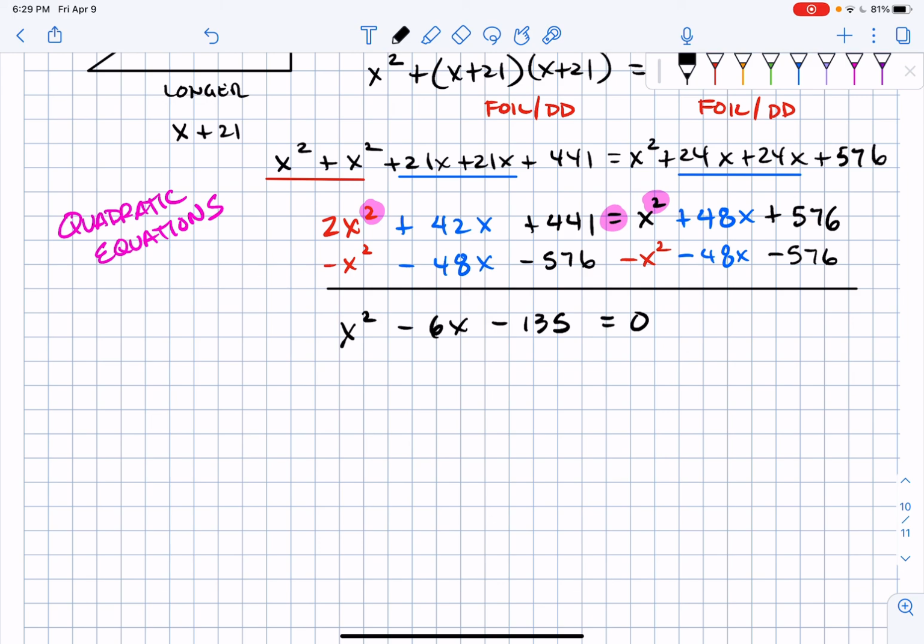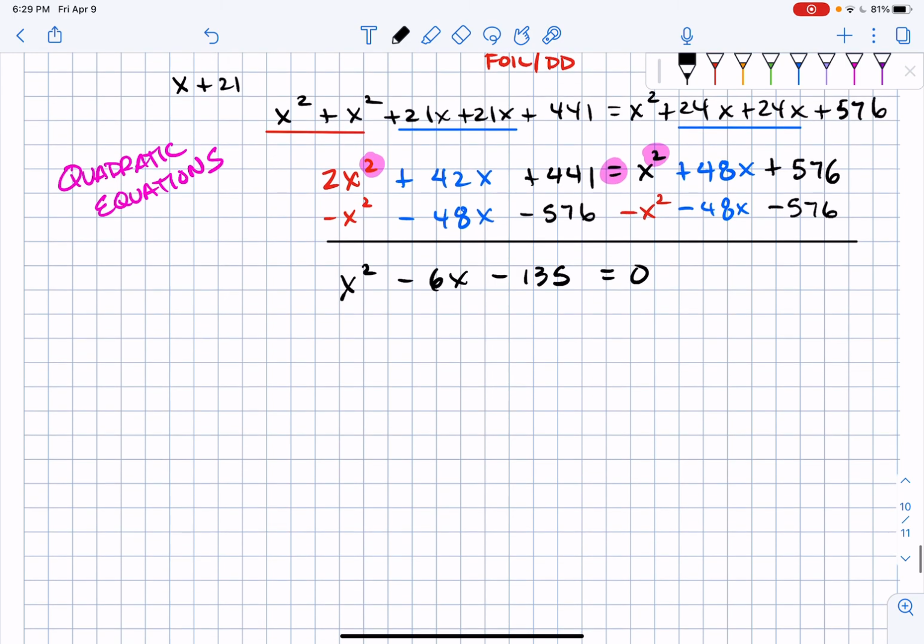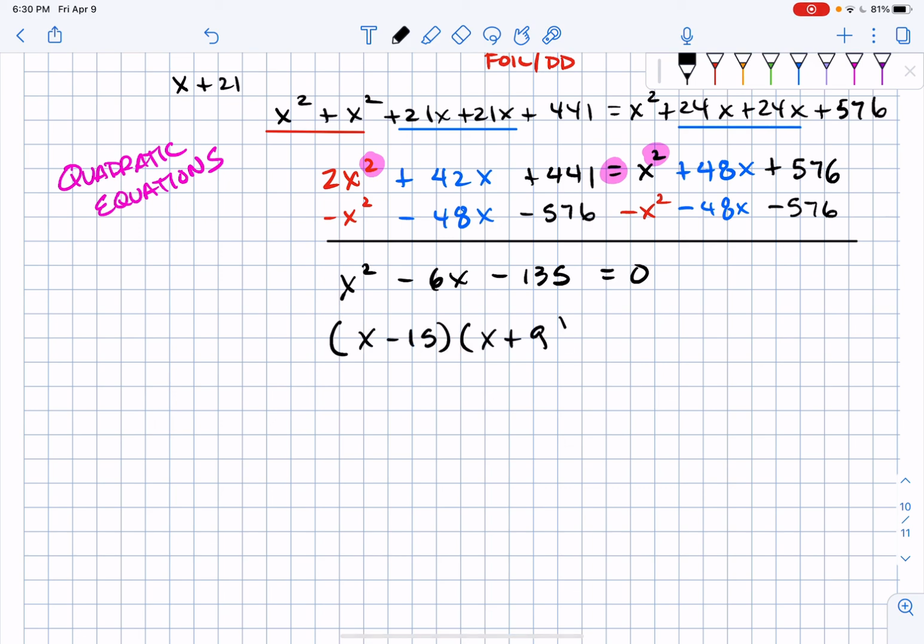You may even have to make a table. 135. Think. So this is going to be x minus 15 and x plus 9.